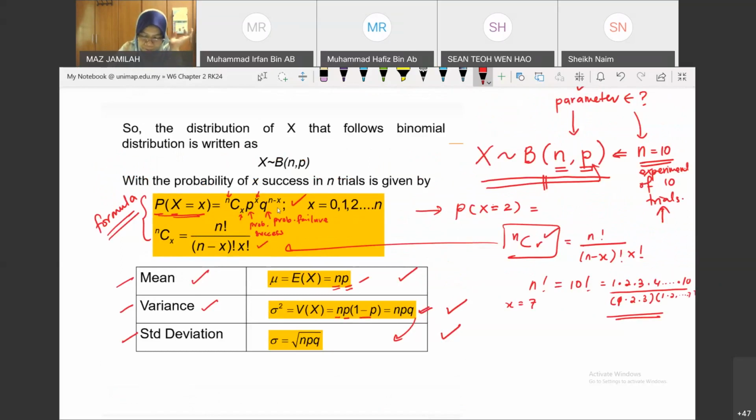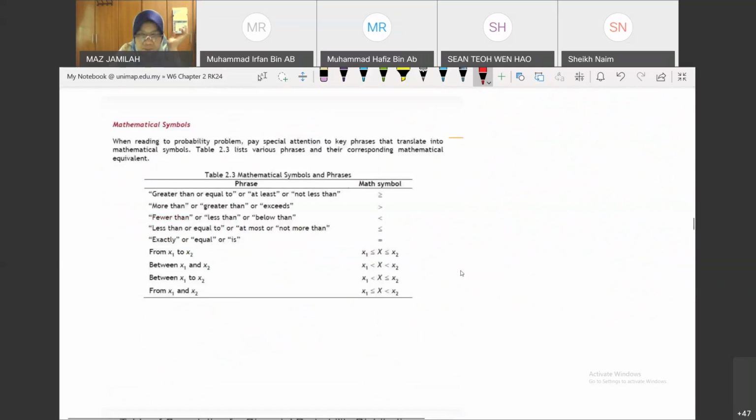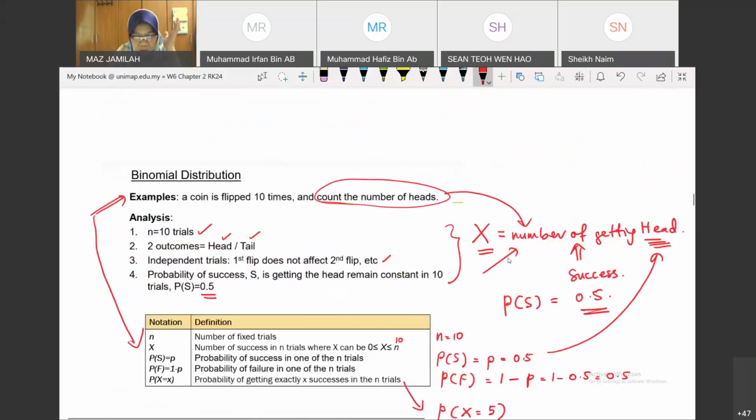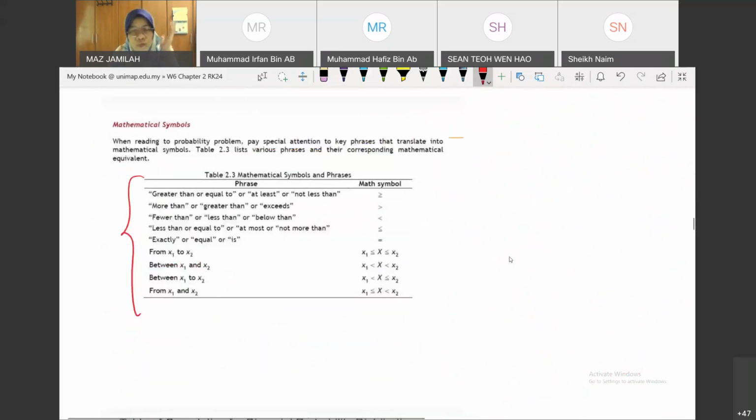Now, let us begin with the terms that you may find in the question given to you. The reason why we come up with this is because understanding this concept seems easy to students, but when it comes to questions during the quiz, midterm exam, or a test, these terms become chaos for many students because they don't understand what is meant by the terms at least, not less than, exceed, greater than, and so on.